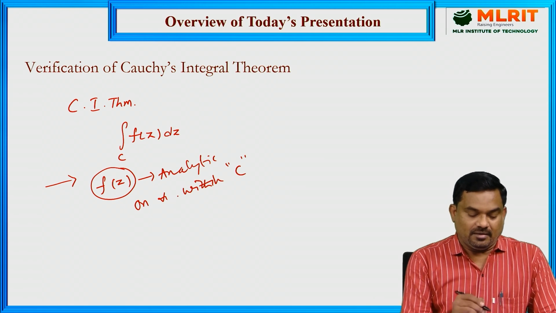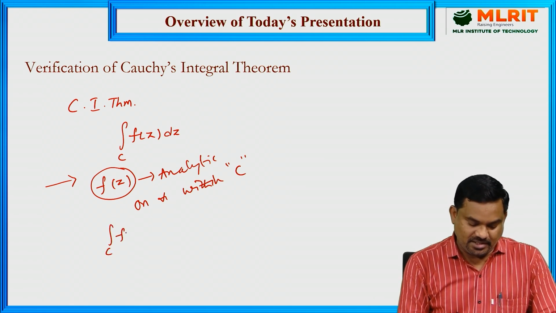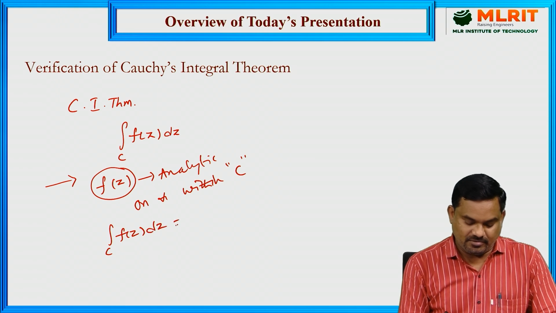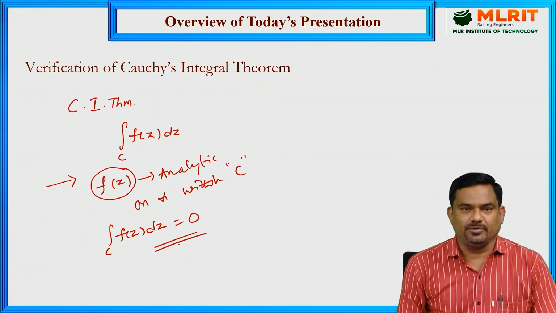Then Cauchy's integral theorem states that integral C f of z dz is equal to 0. That means the line integral vanishes.